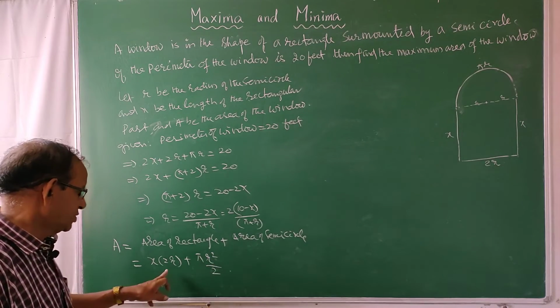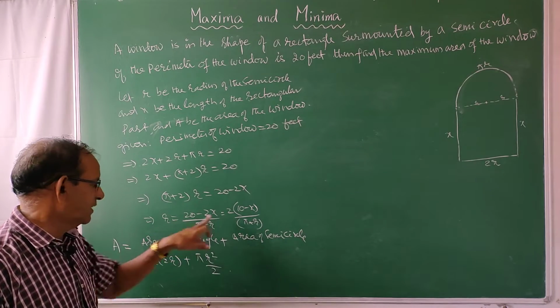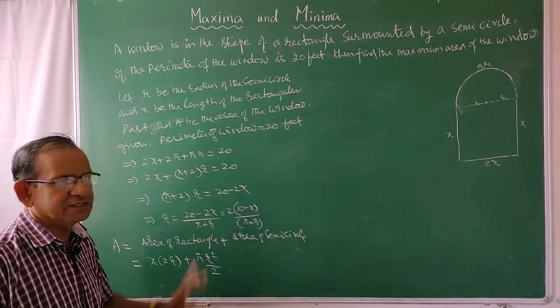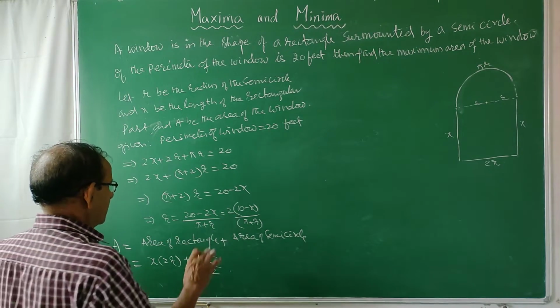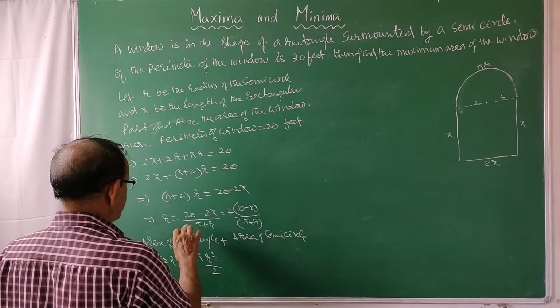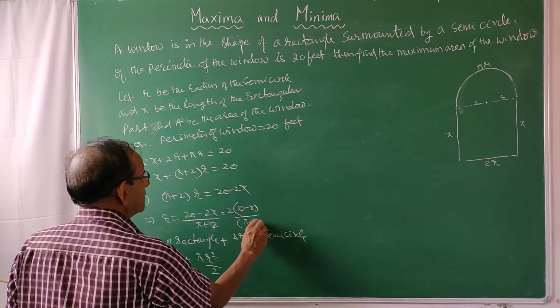But here it should be converted to a single variable. So we have to change the value of r into terms of x. Wherever there is r, you have to write 2 into (10 minus x) by (pi plus 2), sorry, not pi plus r, pi plus 2.